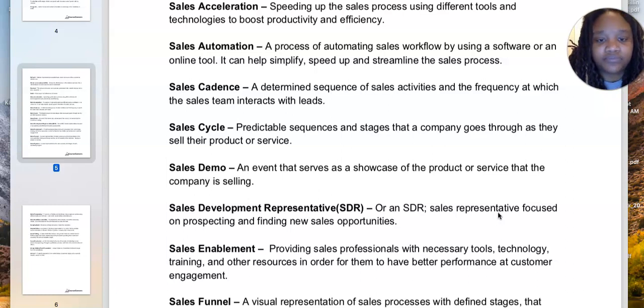Sales cycle. Sales cycle is a predictable sequence of stages that a company goes through as they sell their product or service. All companies, from what I know, all companies have a sales cycle. It's also known as a sales process.